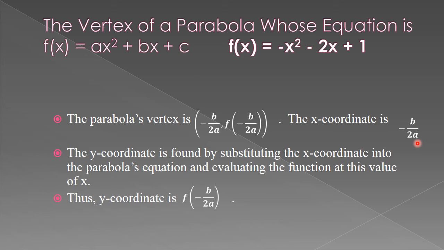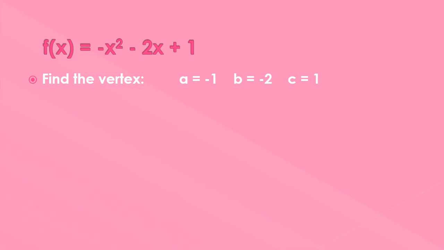Then, to find the y coordinate for the vertex, you will plug in whatever number you have for the x coordinate into your original equation. So we will find f of negative b over 2a. Let's look at an example.